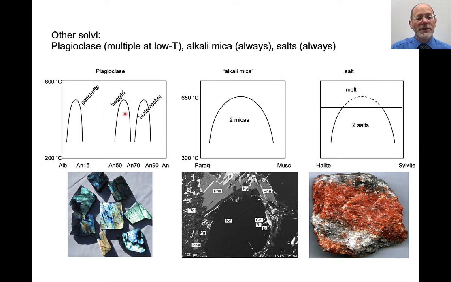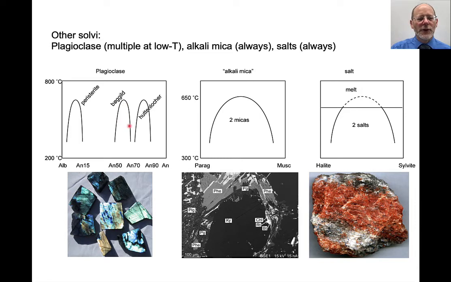Plagioclase has multiple solvi at low temperature. It's possible to buy labradorite, which is a type of feldspar that has this sort of Schiller effect. You get these blue and green colors when you reflect light off of it in a particular direction. I don't remember off the top of my head which solvus it is.